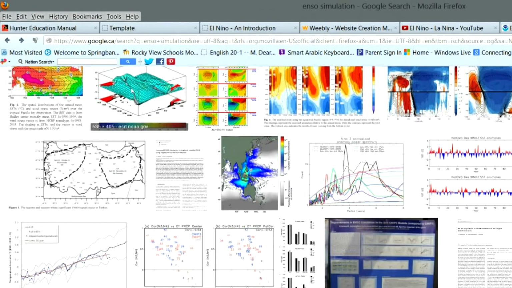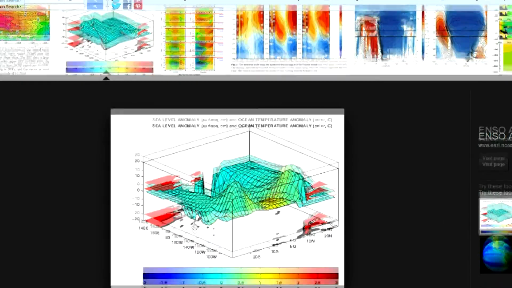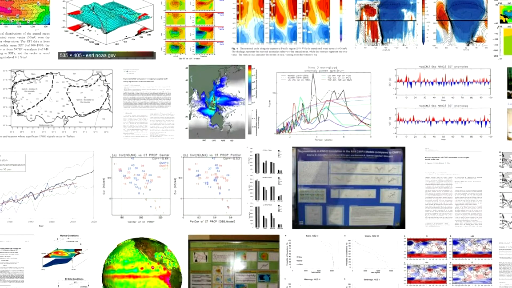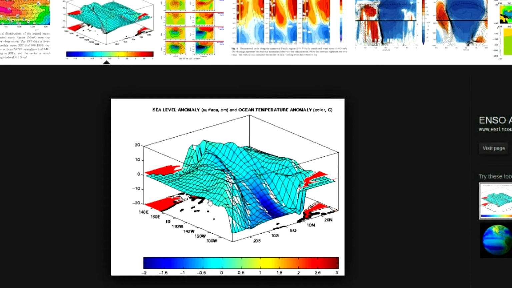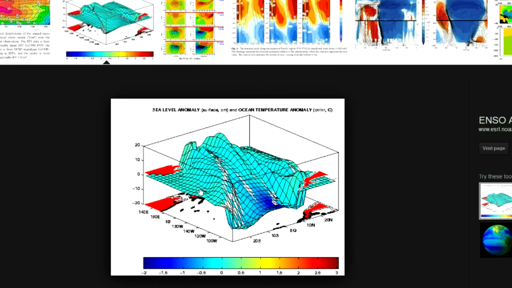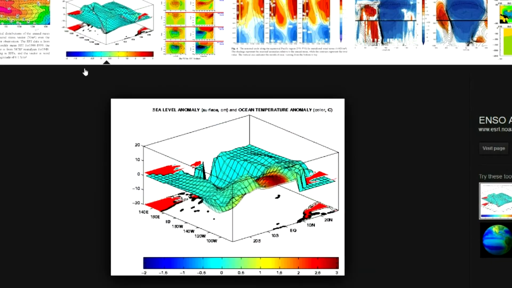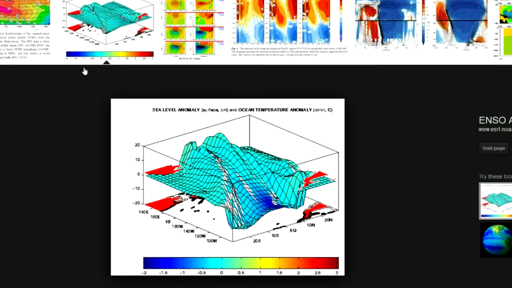In another tab here, we see how the water is moving in this condition, and this is El Nino. That's how the water flows between the cold and warm bodies. That's what happens in El Nino.